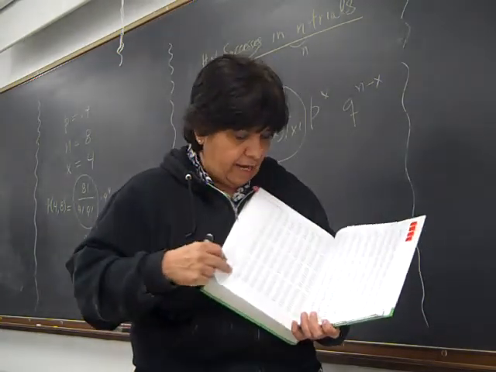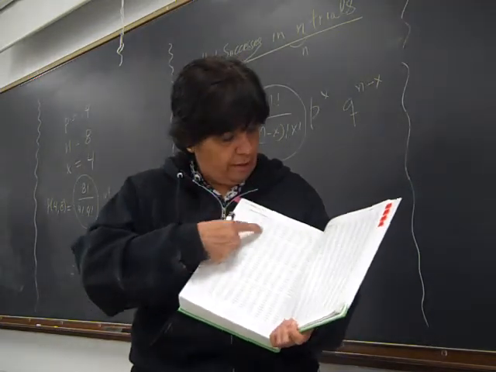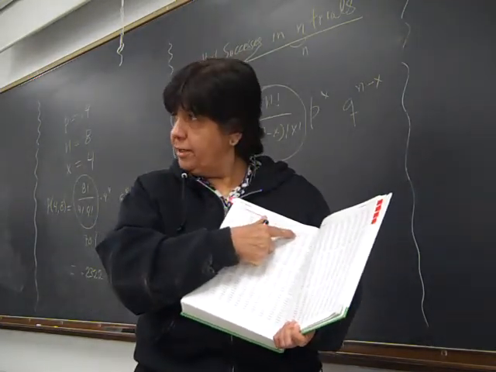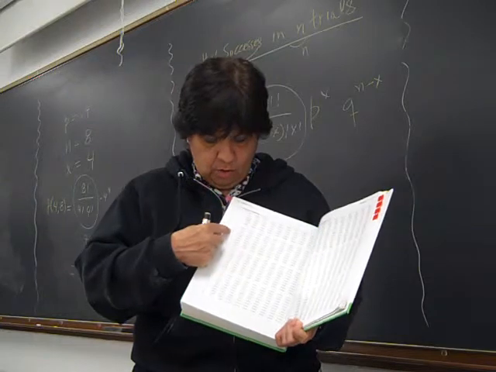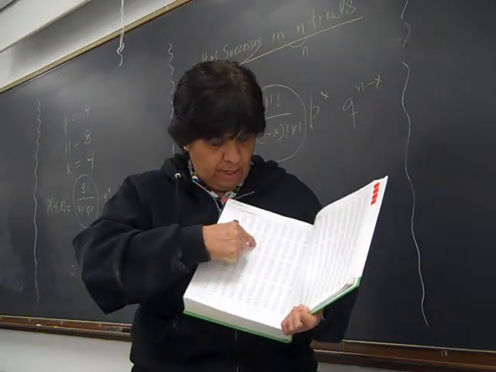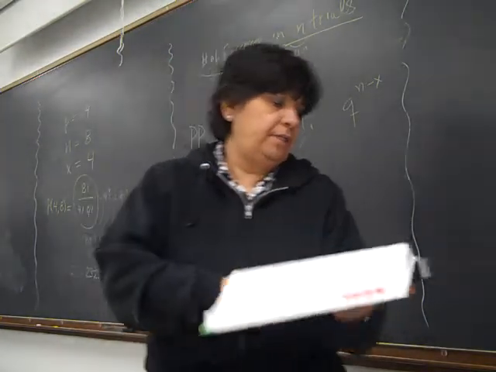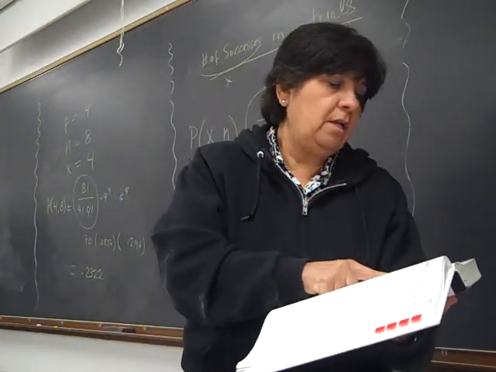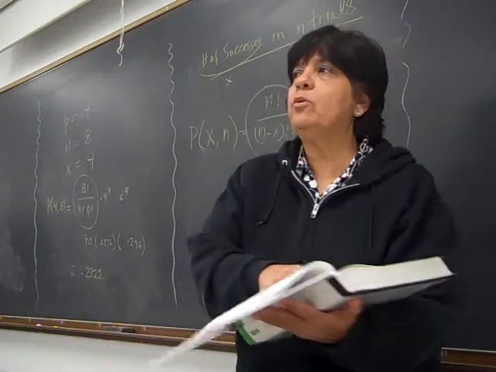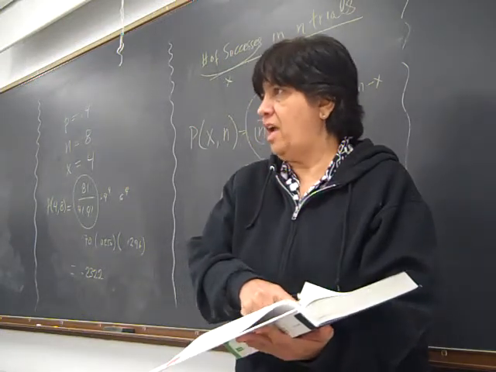Go to the next page, and you're going to find the 8 over here, and still the 0.4. Go to n equal to 8 and x equal to 4, and go below the 0.4, and you're going to find the 0.2322. That's exactly what we have.